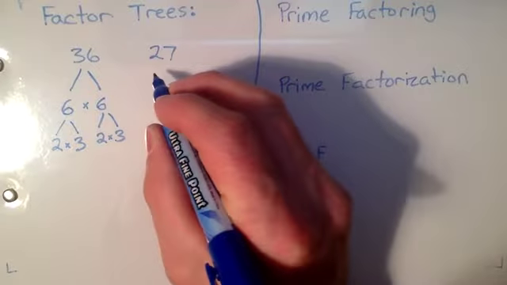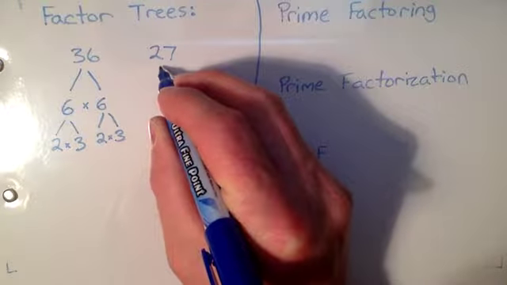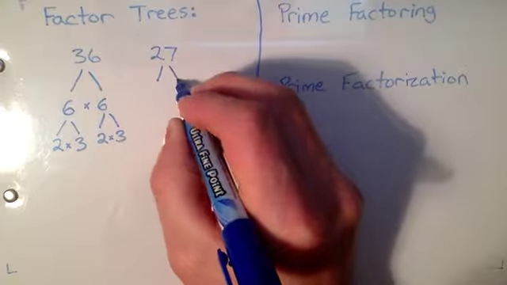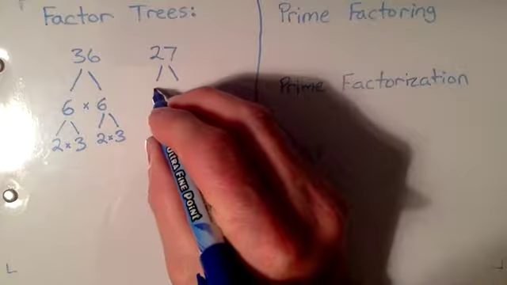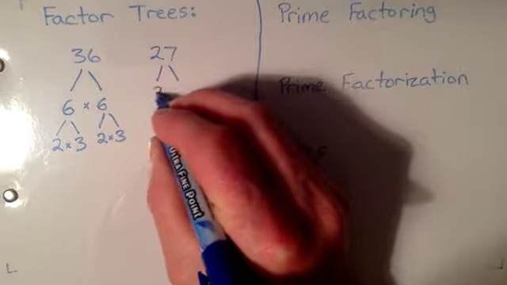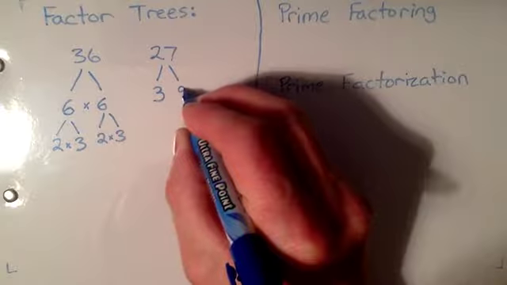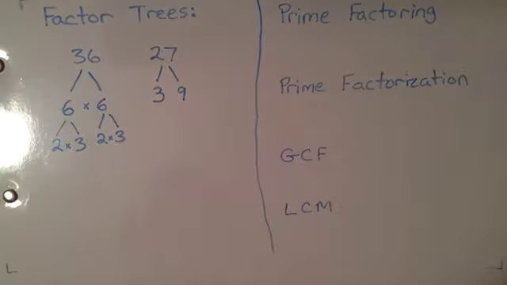Now, let's look at 27. If we break this apart, what are two numbers that can multiply together to give you 27? Other than 1 in itself, I believe the only numbers that can do it are 3 and 9.